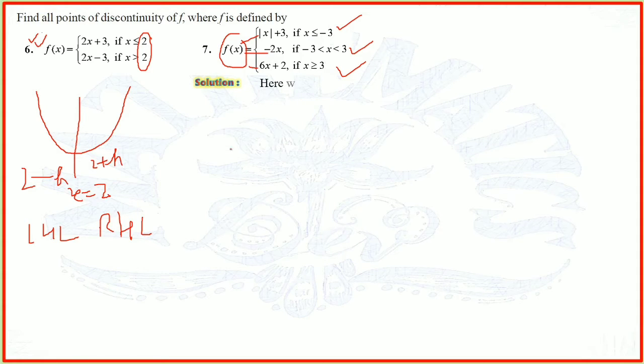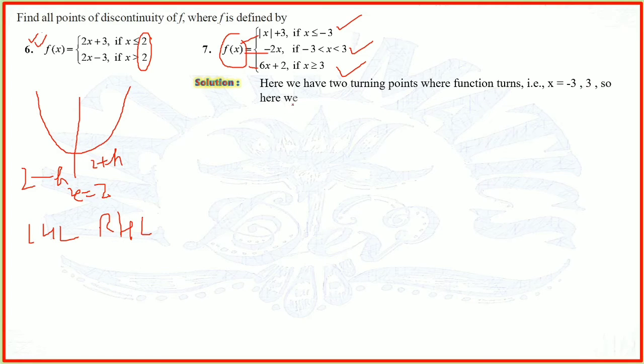Write carefully: here we have 2 turning points, where the function turns to a different direction. These are numbers, turning points. The first one is -3 and the second one is +3. That is, x equals -3 and +3.